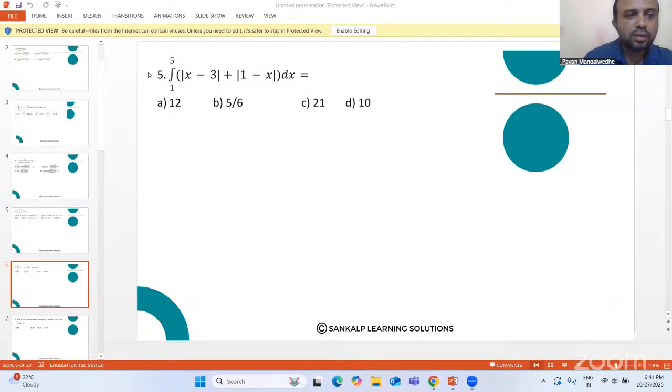Noting down, the interval is from 1 to 5, I'll just give the hint. So it is mod of x minus 3, which implies x equals 3.